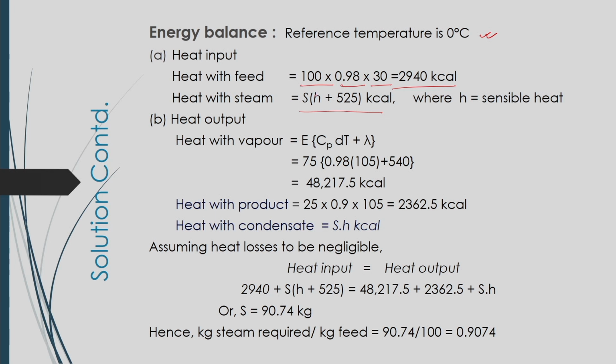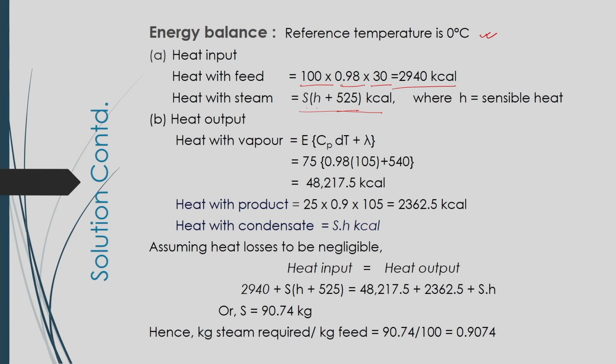So, we can calculate S into H, the enthalpy, that is the sensible heat change for that amount of steam, and there will also be a certain amount of latent heat that will be equal to S into 525.